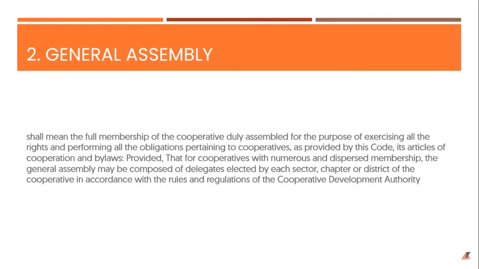So, lahat ng members of a cooperative duly assembled for the purpose of exercising all the rights and performing all the obligations pertaining to cooperatives as provided by this code, its articles of cooperation, and the bylaws, provided that for cooperatives with numerous and dispersed membership, the General Assembly may be composed of delegates elected by each sector, chapter, or district of the cooperative in accordance with the rules and regulations of the Cooperative Development Authority.